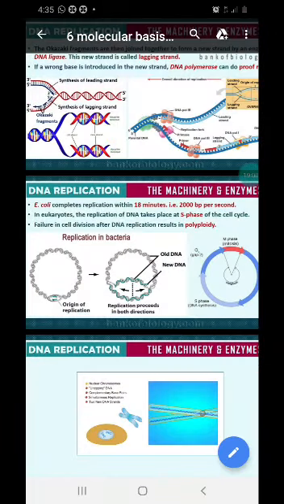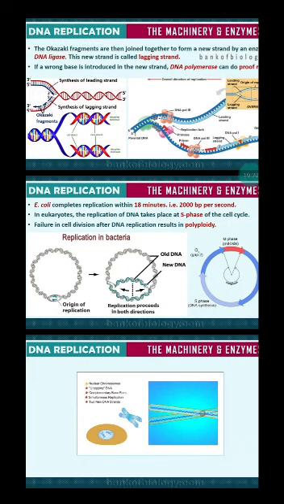See, in our case, I told you, replication starts in the 3 dash 5 dash direction. But in E. coli, they have a round shape, not two strands parallel to each other. They have a ring shaped DNA, which is also called plasmid, that we'll see later. Besides this, there is also another set of ring-like DNA in some bacteria.